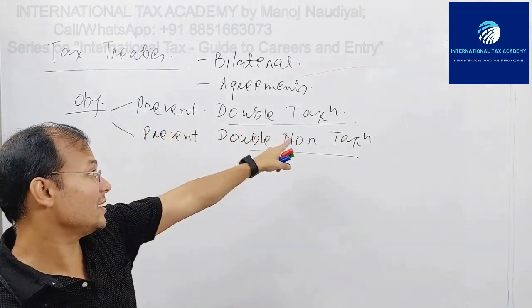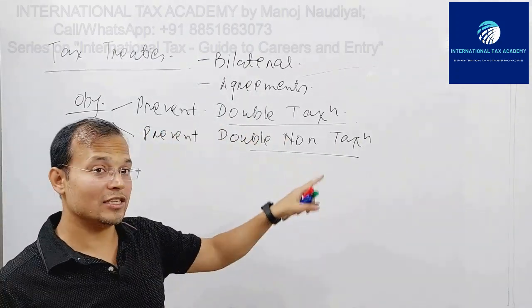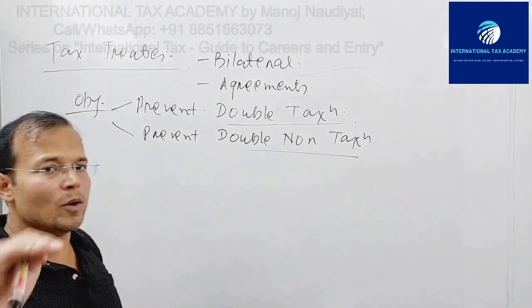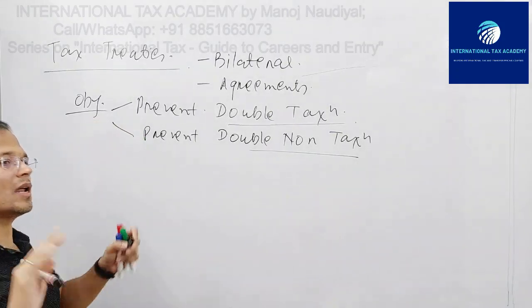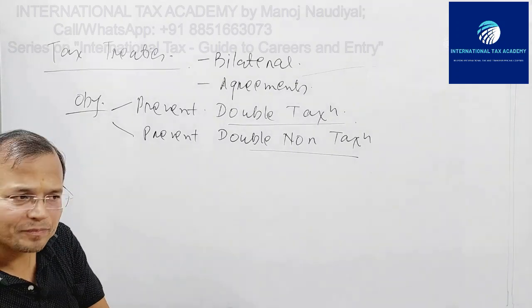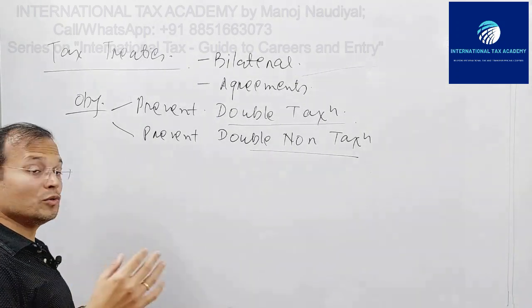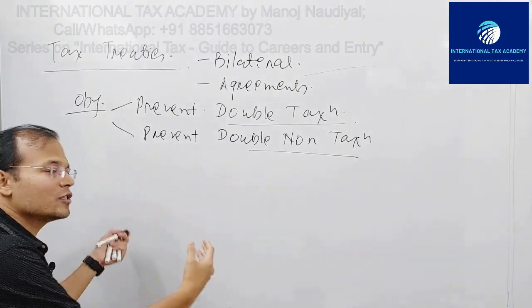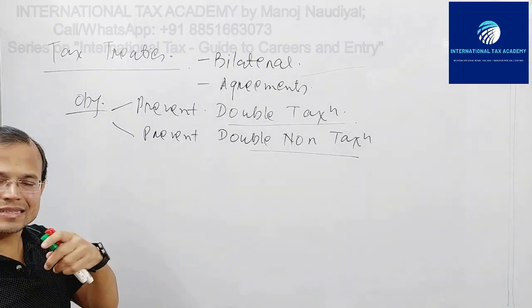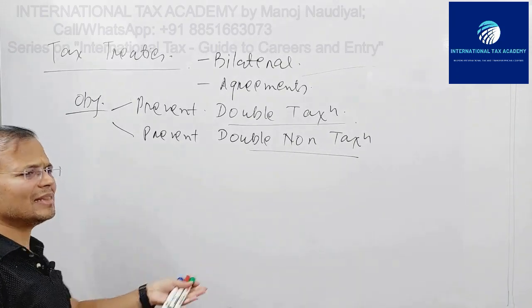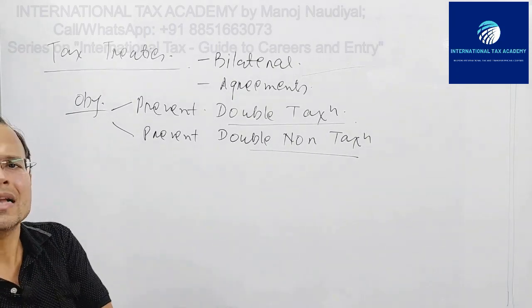These are the two primary objectives of any tax treaty. There are other ancillary objectives as well: facilitating information exchange, dispute resolution in tax disputes, and assistance in the collection of taxes. But they are subsidiary, secondary objectives.